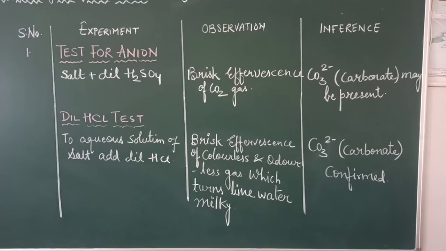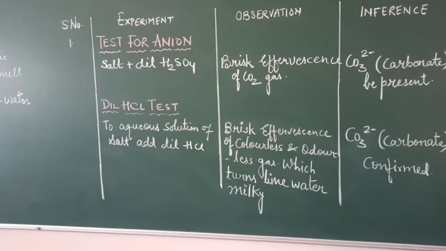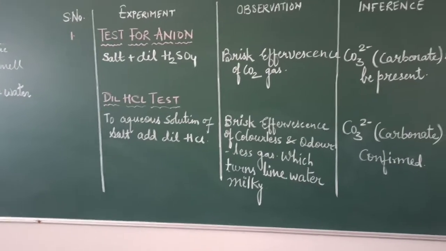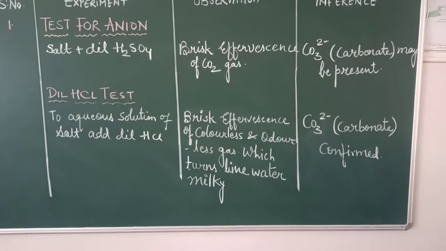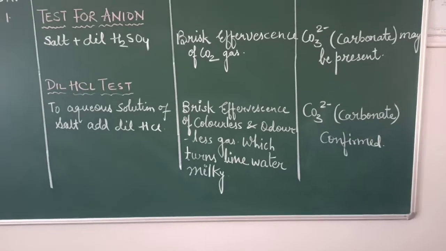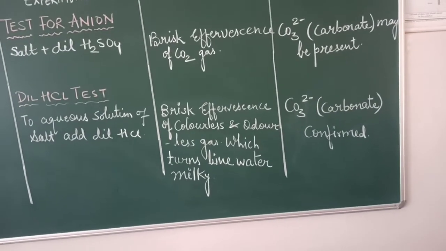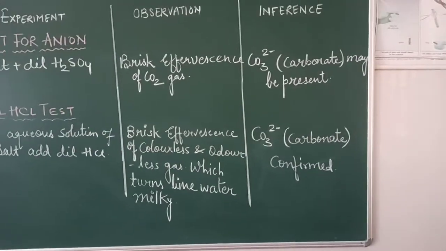The first is the dilute HCl test. We'll take the aqueous solution of salt and add dilute HCl, that is hydrochloric acid, to it. With HCl also, the salt will give you the brisk effervescence of CO2 gas, which when passed through lime water makes the lime water milky. And this test confirms the presence of carbonate.